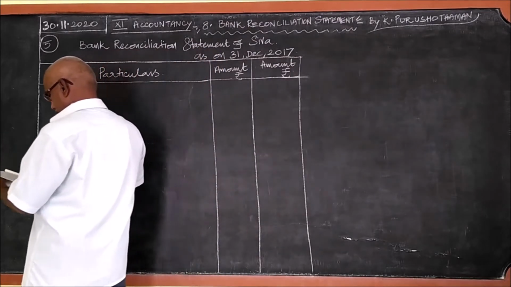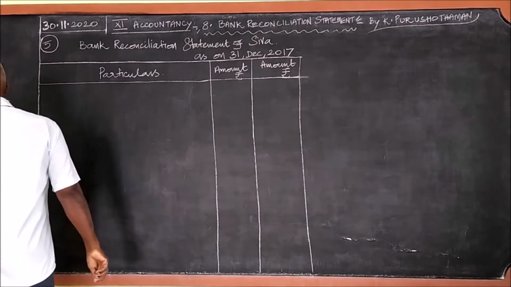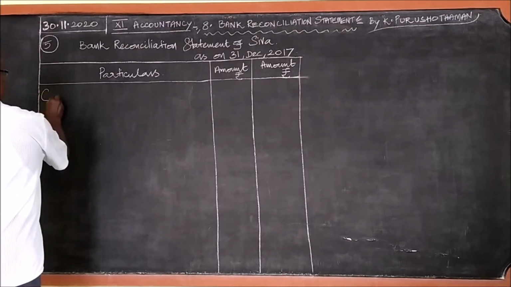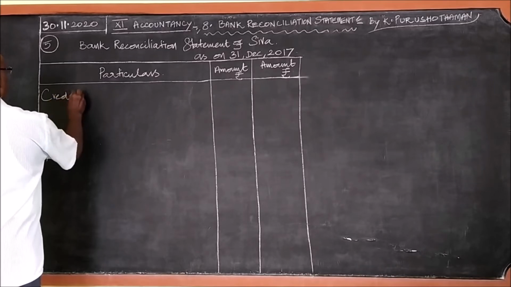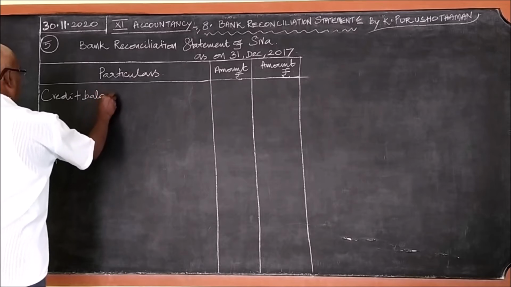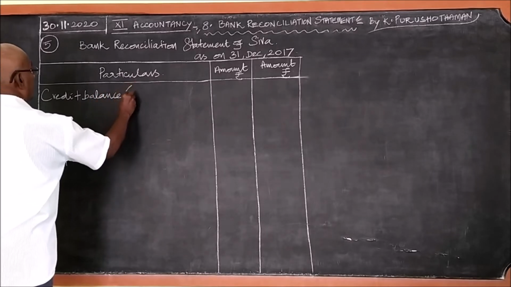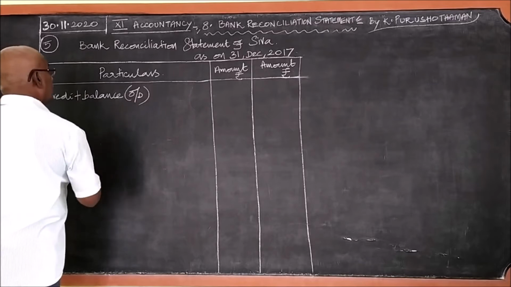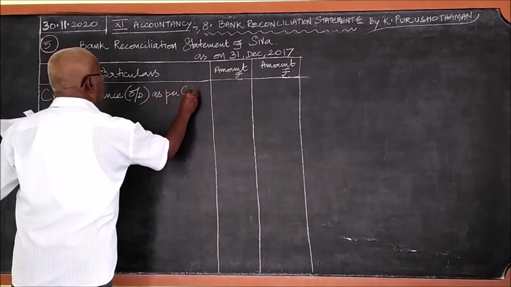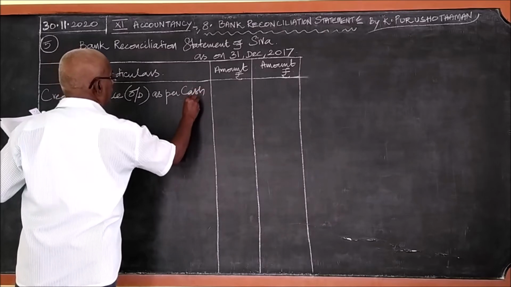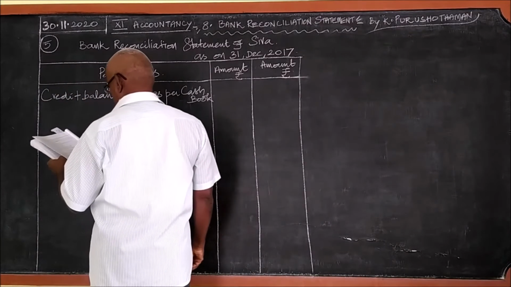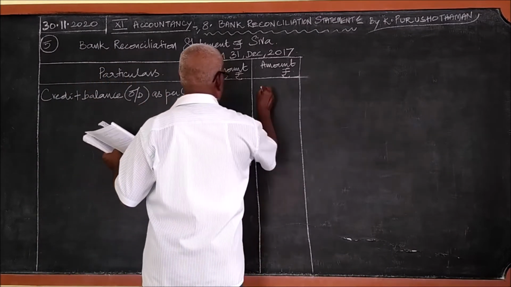In this, credit balance as per cash book, amount 12,000.